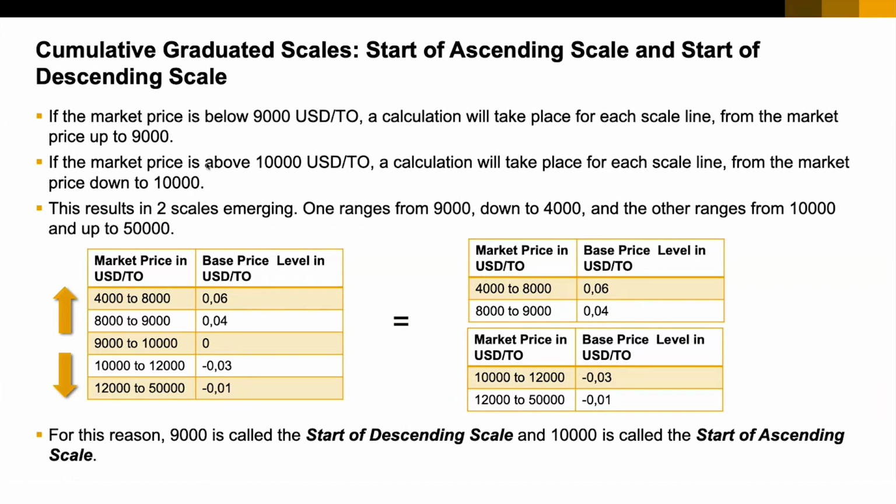So as I was explaining, this slide just explains how these are calculated. The base price is applied between this range as an addition to the price, or there is a discount in the price if it is between this range, and there is no penalty if the price is between these two, 9,000 to 10,000 US dollars per ton.